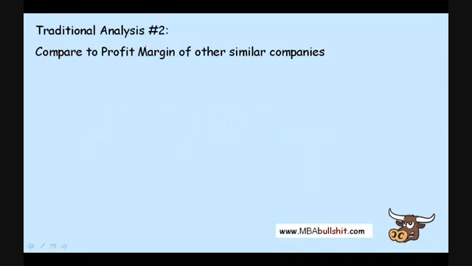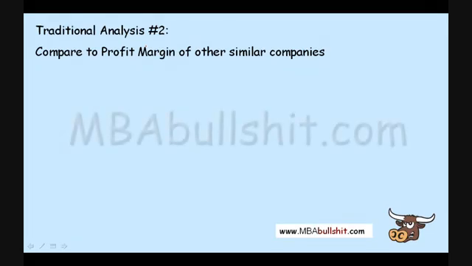Obviously, a car company like Ferrari would have a very high profit margin, but they have low volume. Walmart would have very low profit margins, but high volume. So if you want to look at the profit margin of Walmart, it's best to compare it to the profit margin of Target, for example.